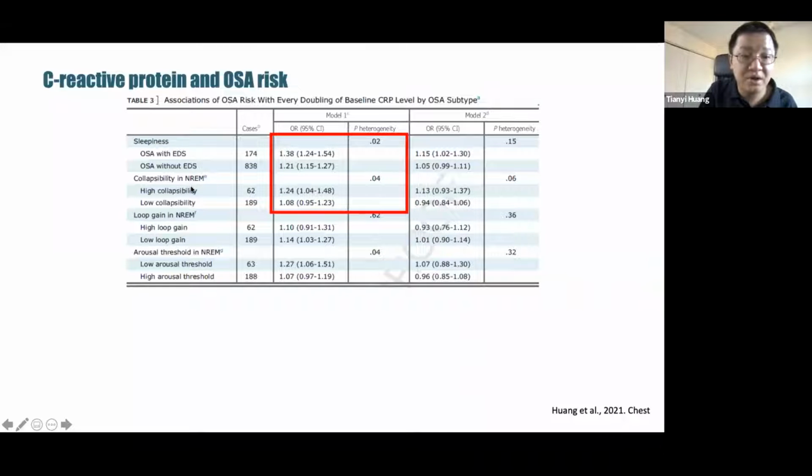We also observe that the association is statistically stronger for sleep apnea with high airway collapsibility versus sleep apnea with lower collapsibility. I think these results confirm that experimental evidence in a population-based study: inflammation may promote sleep apnea by increasing airway collapsibility and also by increasing sleepiness.